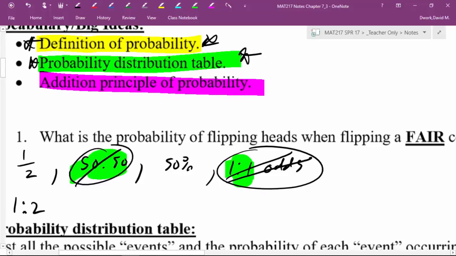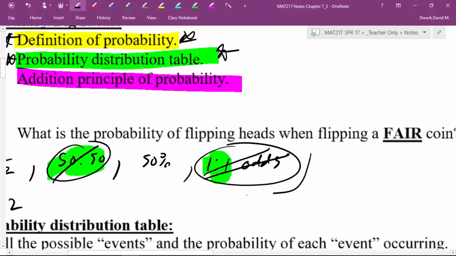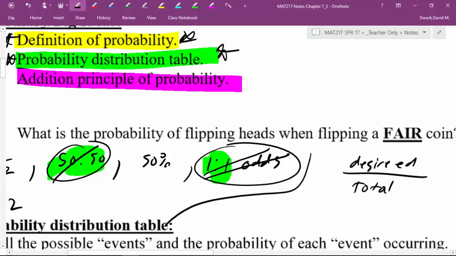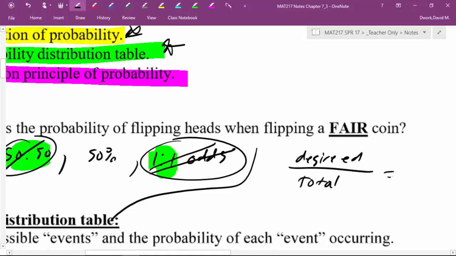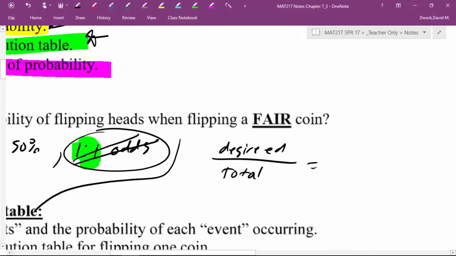And the idea here for probability, the definition of probability, is quite simple. It's a comparison between the desired outcome over the total number of possibilities. Isn't that kind of just the same idea as the cardinality of the event divided by the cardinality of the sample space?